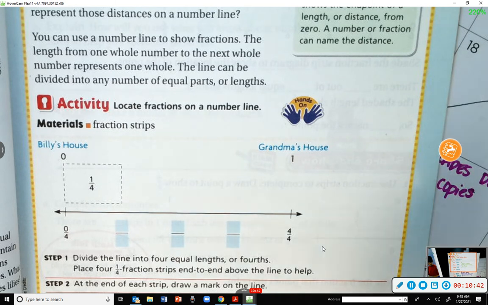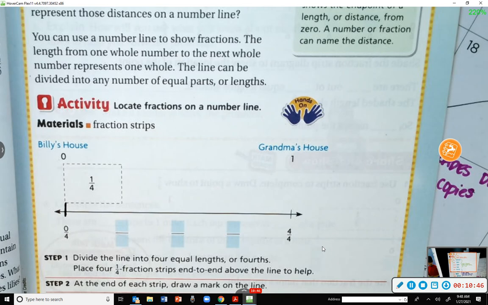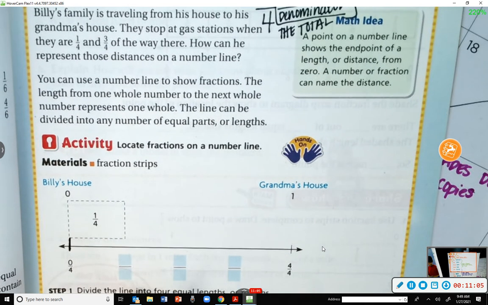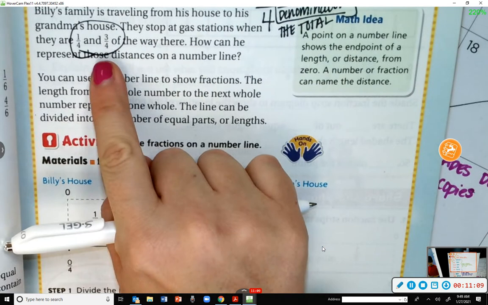0. 0/4. Okay, so your number line is always going to start with 0, okay? And how did they get the denominator 4? Bryson? Because that's how many boxes there are. That's how many boxes there are? Good. And that's what they're talking about in the problem, right?